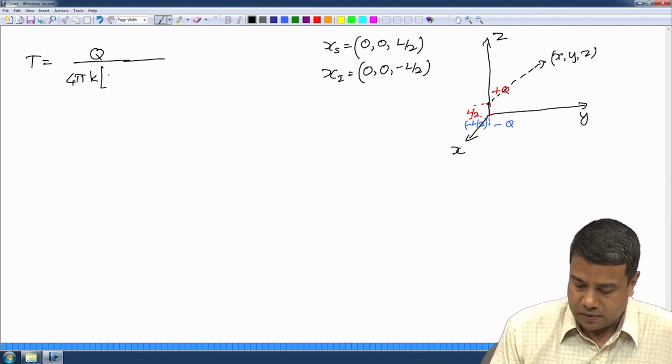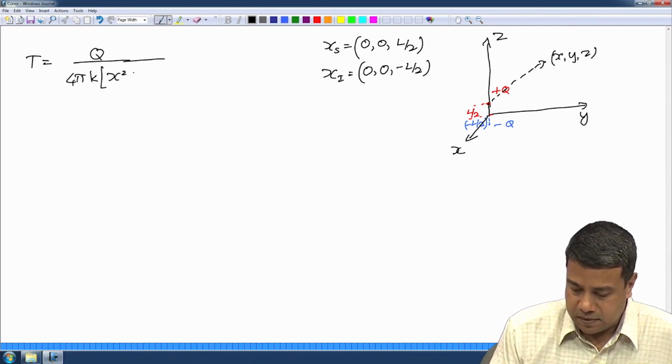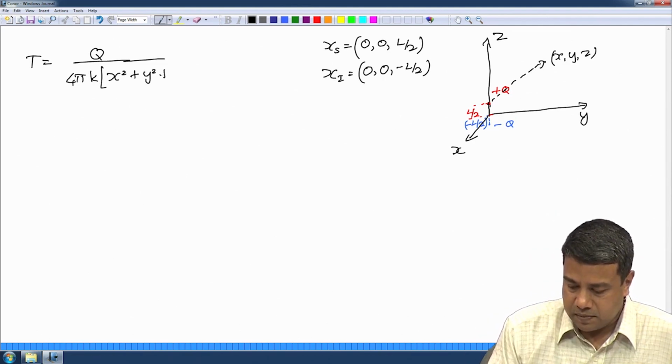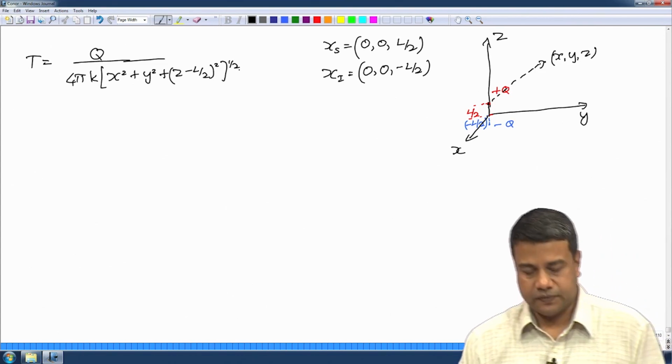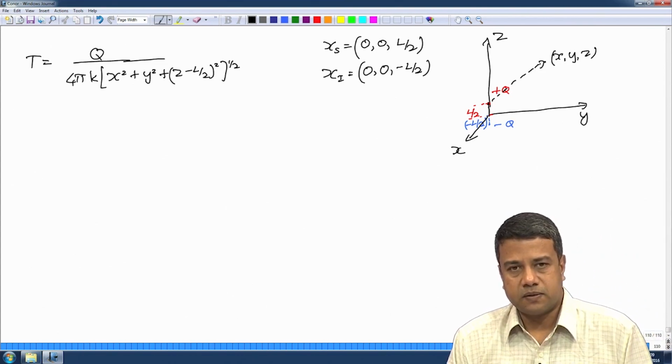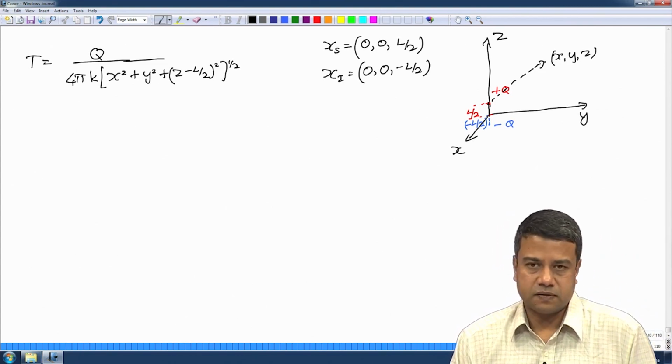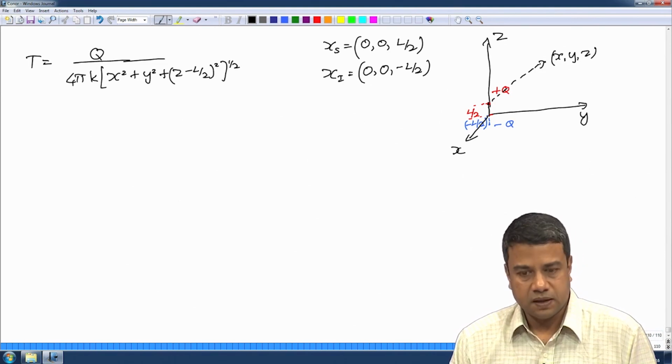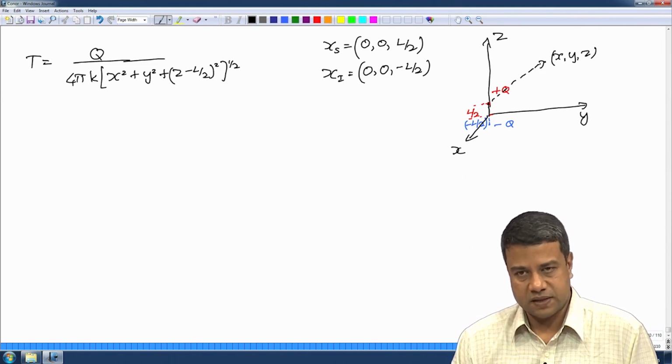So, this is going to be equal to x square plus y square plus z minus L by 2 the whole square, all to the power half. That is the temperature due to the presence of the source. The sink has strength minus q.